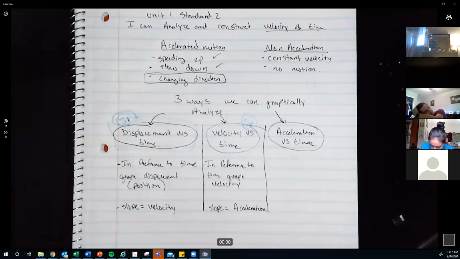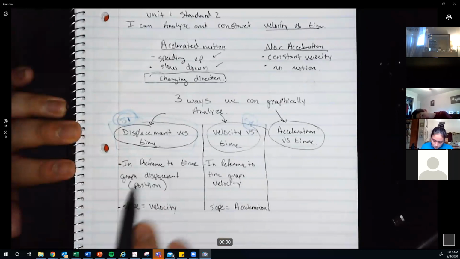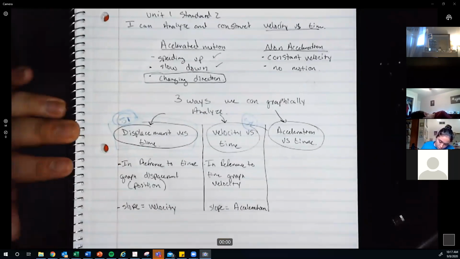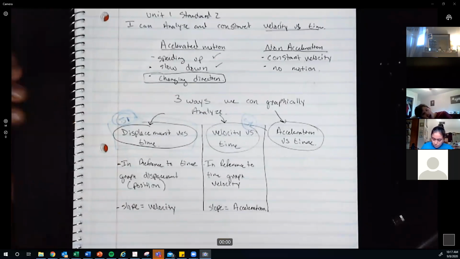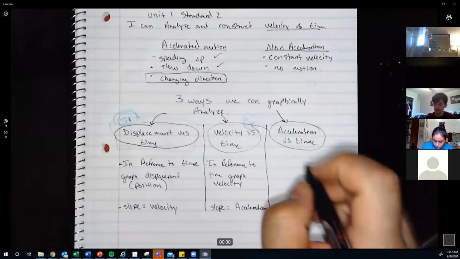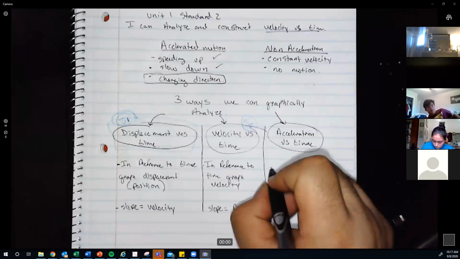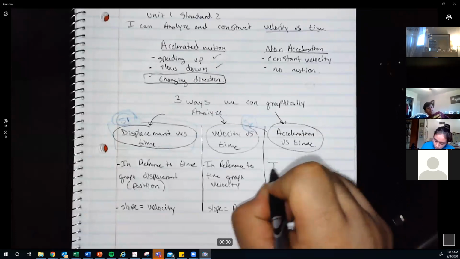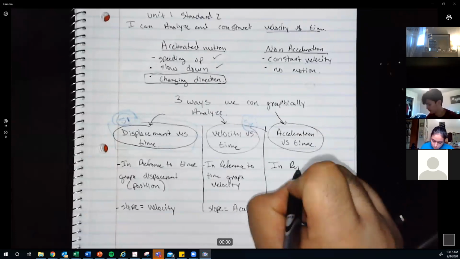Notice we're analyzing all of these graphs in very similar fashion. We're looking at what the point is doing, and then whether there is a specific trend. Acceleration versus time is a little bit different, and the reason is that we're only looking at this for its acceleration reference.